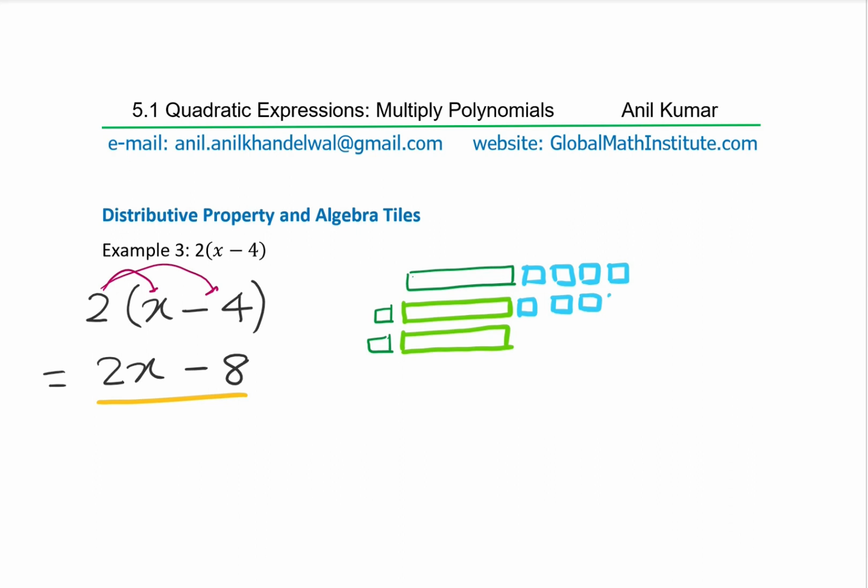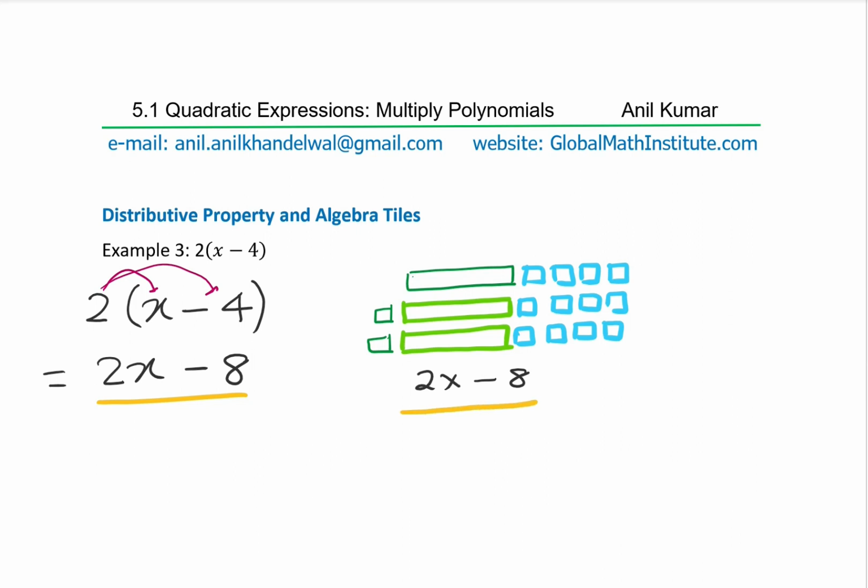And that's the reason why I'm drawing these small units in blue now. Now let's count and get the result. So we get two x's which are positive, 1, 2, 3, 4, 5, 6, 7, 8 negative. And that is how we can actually model using algebra tiles.